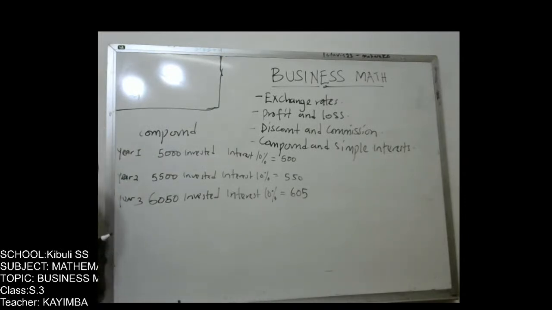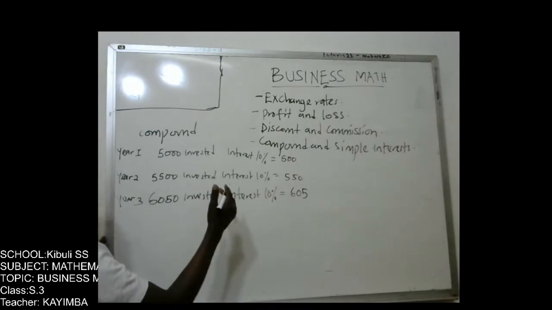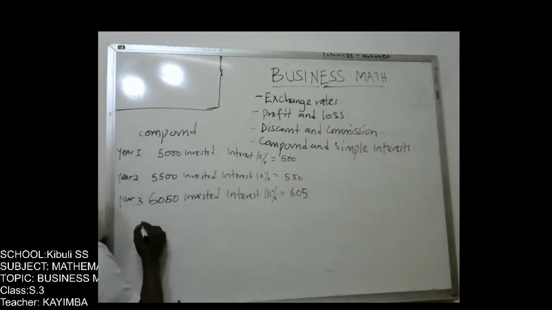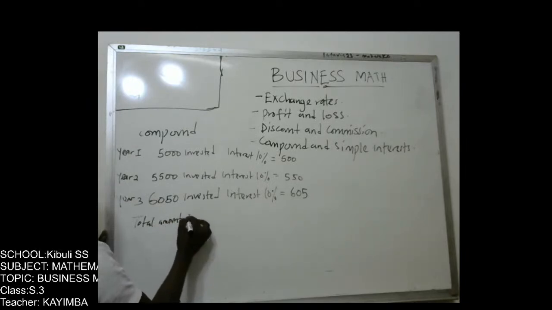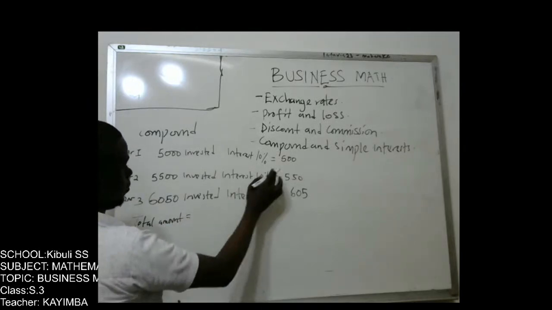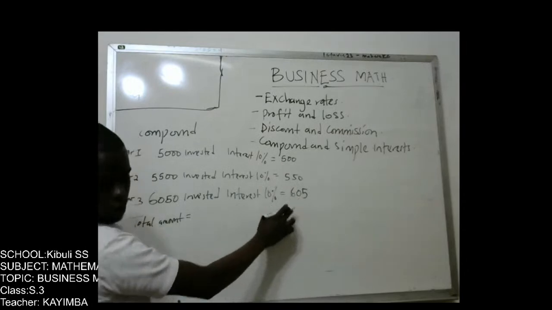If you want to get the money that this person is going to pay back, the total amount is going to be this one plus this one plus this one. What do we get?